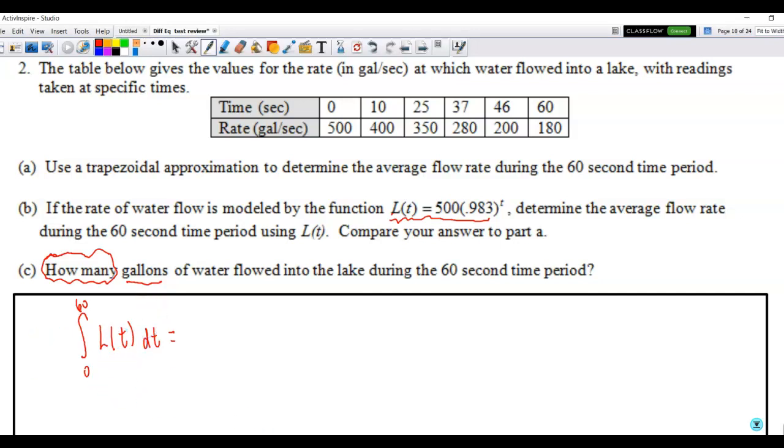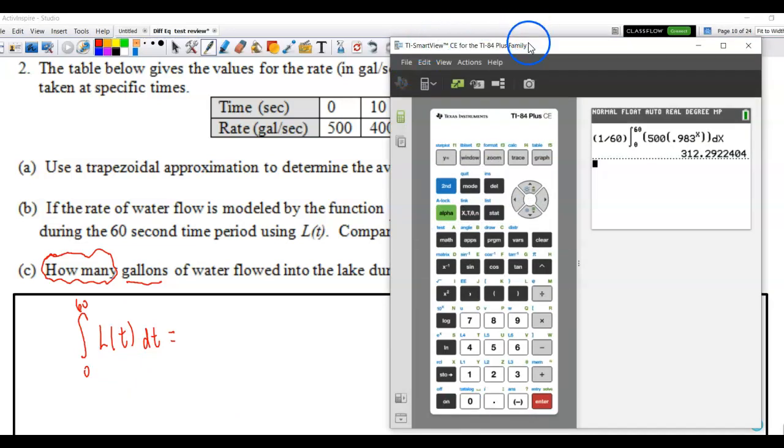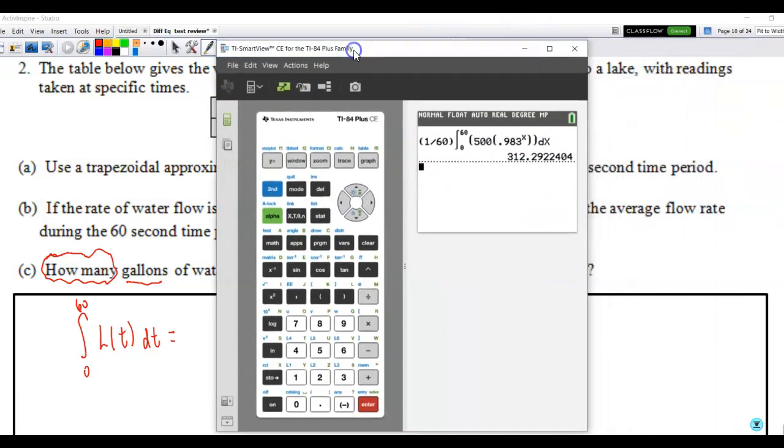All right, the calculator is going to do this work for me. I had that integral in my calculator, but I had the 1/60. So I'm going to bring that same integral back. I'm going to type second, enter, and what you'll notice is it brings back the very last thing that was on the screen. I'm going to go back and delete the 1/60th.